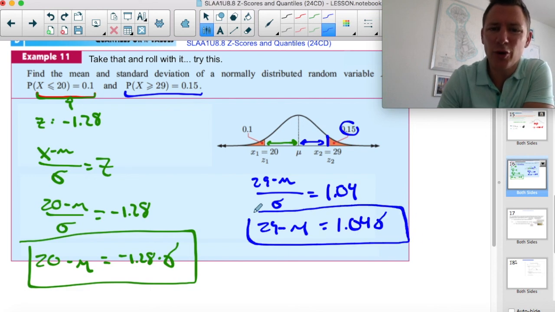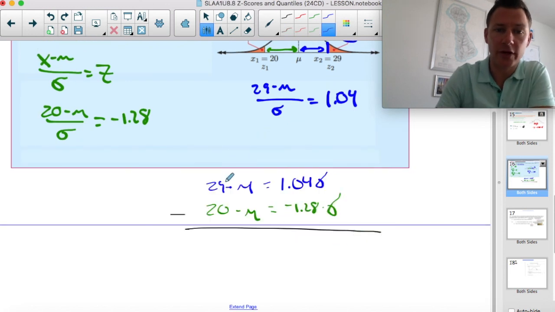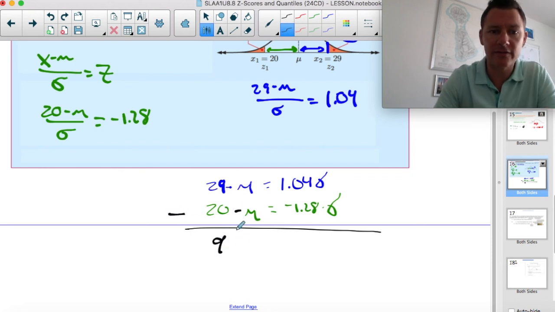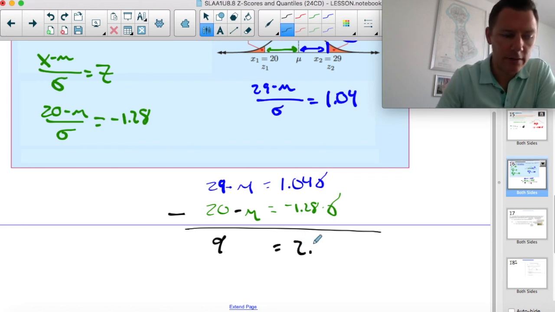So now I've got two equations and two unknowns, and we can smush them together. So then we're going to try to solve with a system of equations. This was a 29, and so this should give you 9. This is plus, so plus gives you no mu's. This gives you 2.32 sigma.